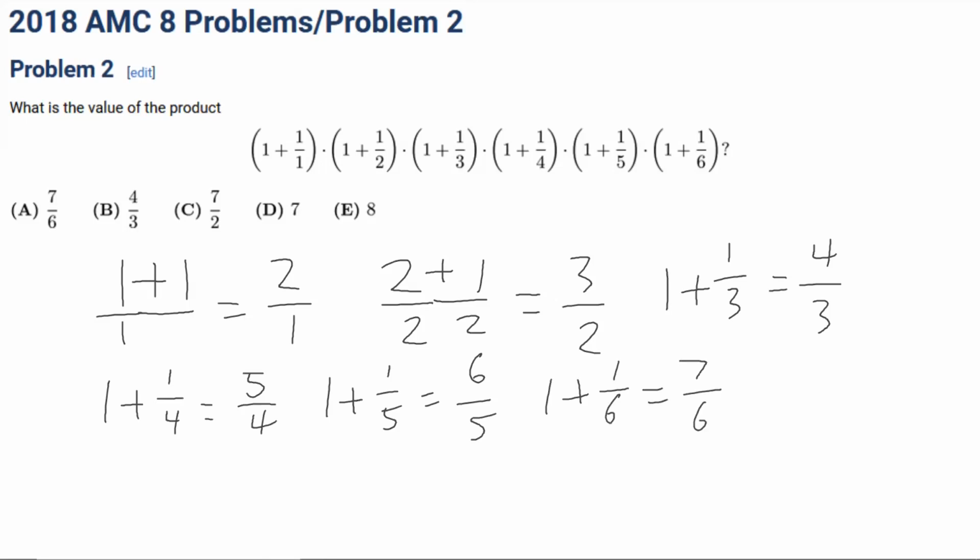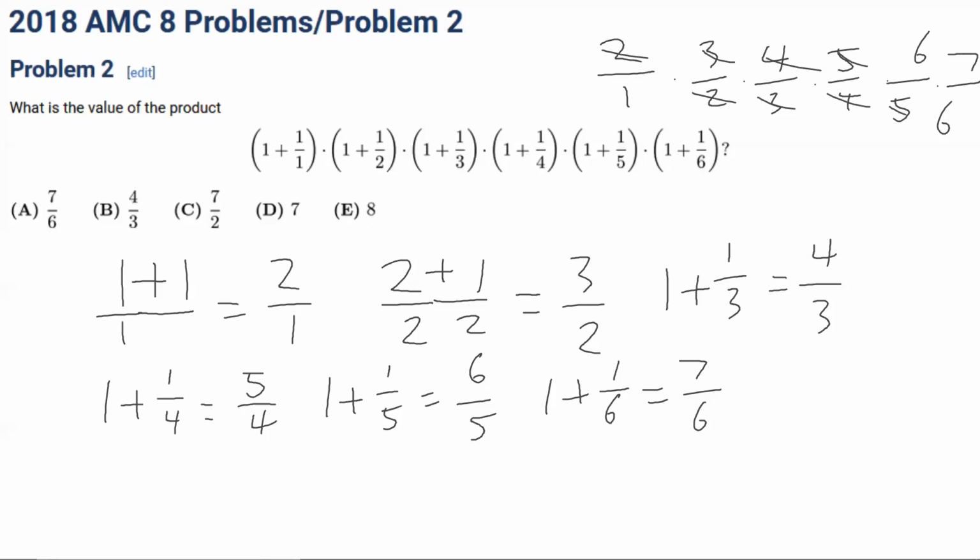So really what we're doing here is 2 over 1 times 3 over 2 times 4 over 3 times 5 over 4 times 6 over 5 times 7 over 6. So what we can do here is cancel the 2's, cancel the 3's, cancel the 4's, cancel the 5's, cancel the 6's.